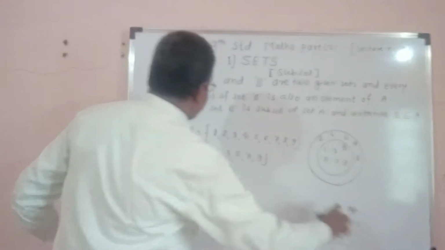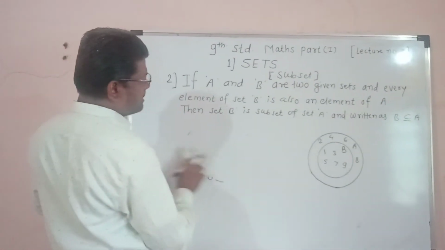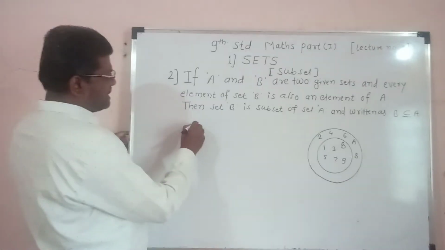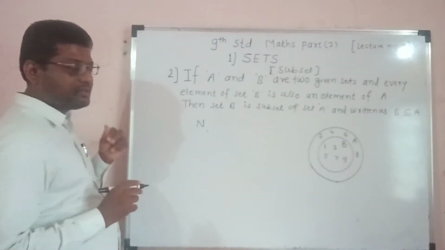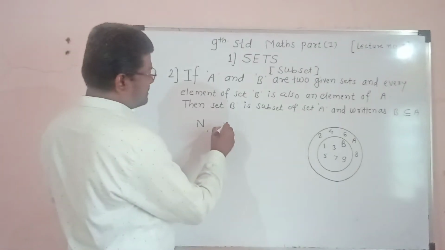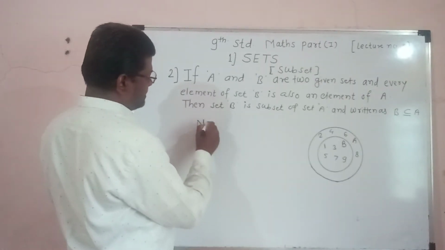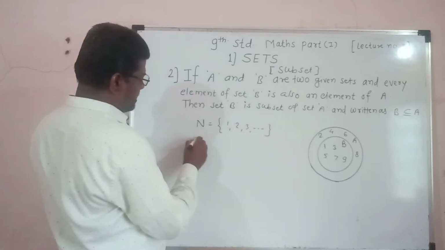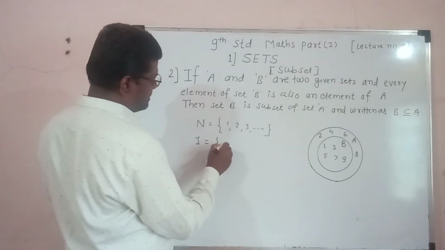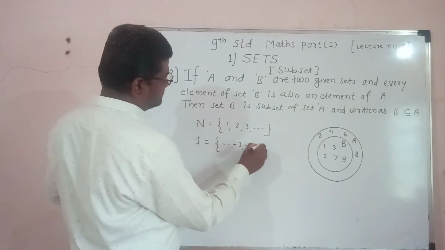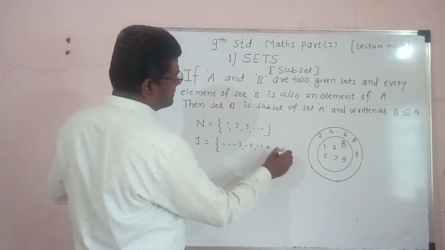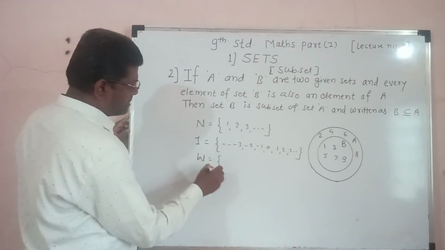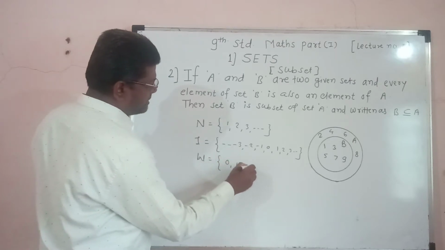Now we know that there are different sets in the number system. That is, N is the natural number set, I is the integer set, and W is the whole number set.